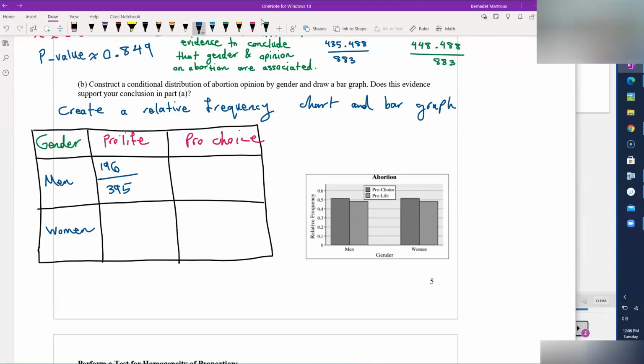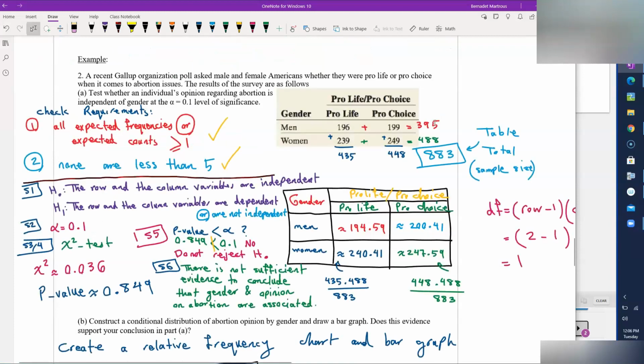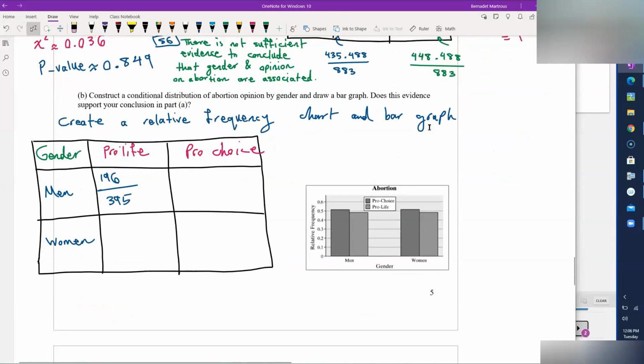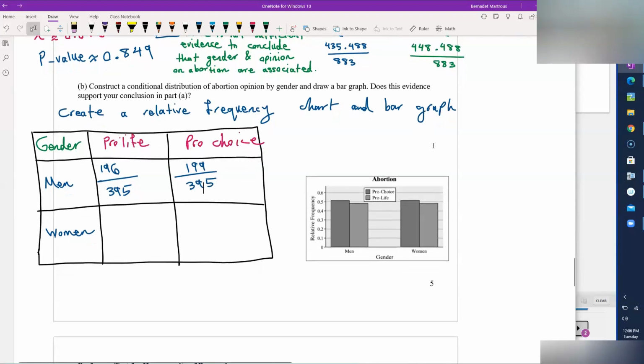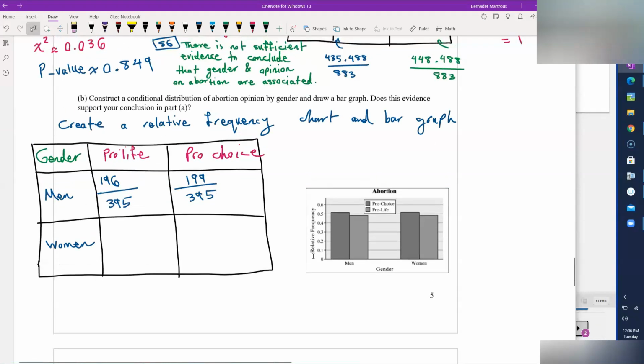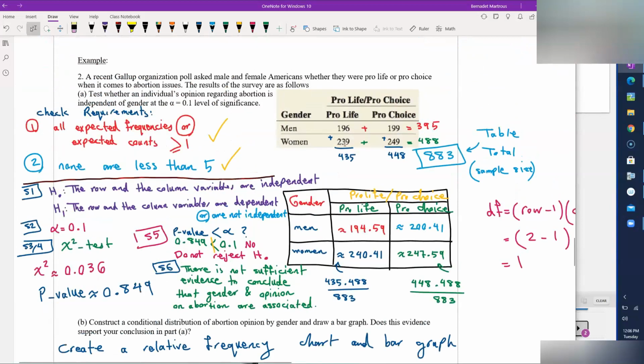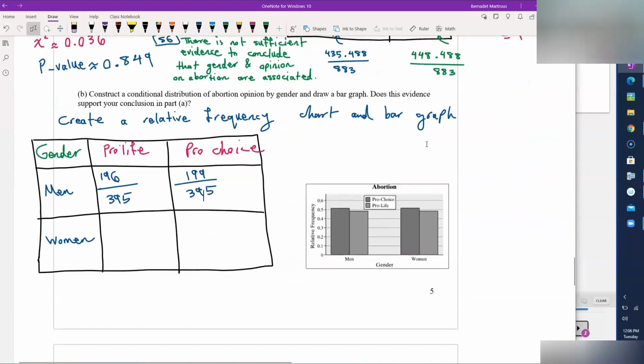Here for men pro-choice, we have 199 divided by the total for men. Now for women, here is 239 and here is 249, both divided by 488.